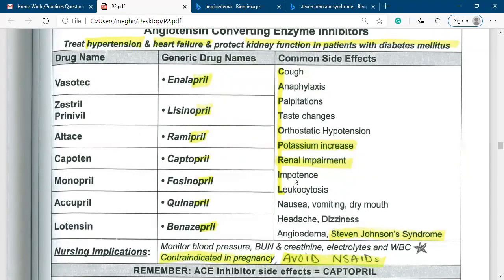Impotency, like with beta blockers. So if your patient is a young adult of reproductive age, you don't kill their sexual life. Healthy, legal sex is a part of life. So if you prescribe the angiotensin converting enzyme inhibitor or beta blocker, both cause impotency, right?